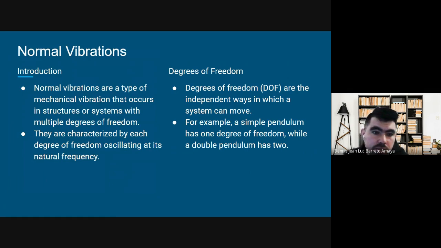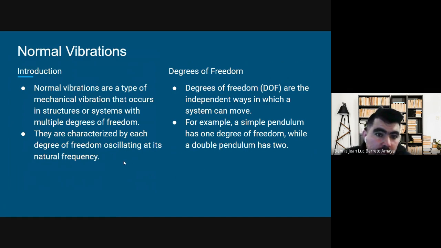Normal vibrations are the types of mechanical vibration that occur in a structure or system with multiple degrees of freedom. The characteristic feature of the different oscillations is the natural frequency. Degrees of freedom are the independent ways in which the system can move.